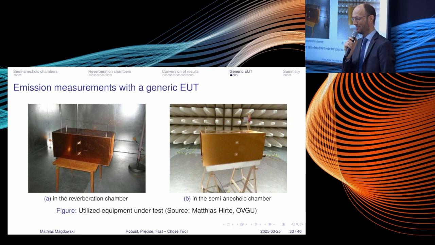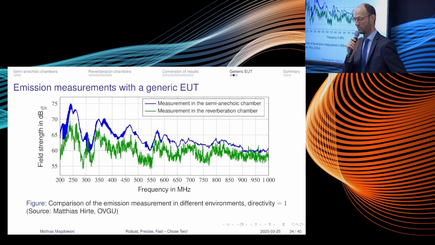So he has also done measurements in Magdeburg, and as you can see, he used a fairly large object with some, let's say, loop antenna, something like this on the top, and the comb generator inside, and tested it in the reverb chamber and also in the semi-anechoic chamber. And here are the emission measurements displayed in maximum field strength at a certain distance.